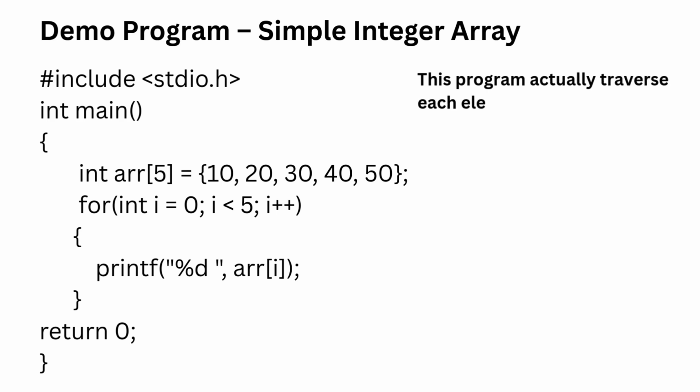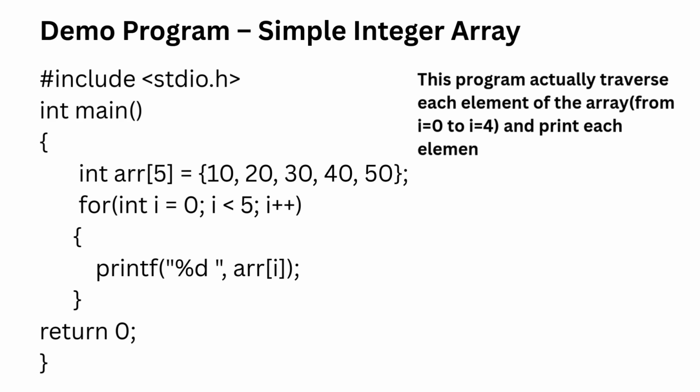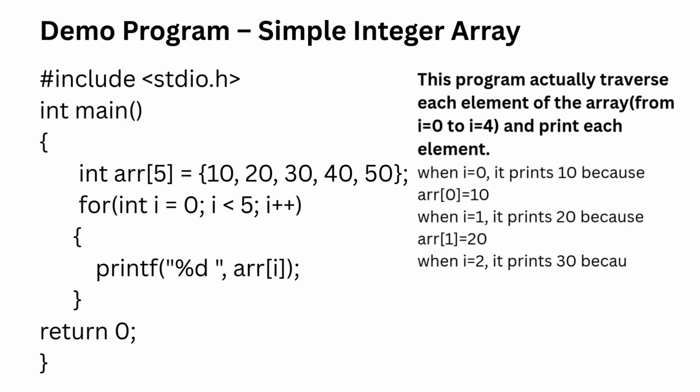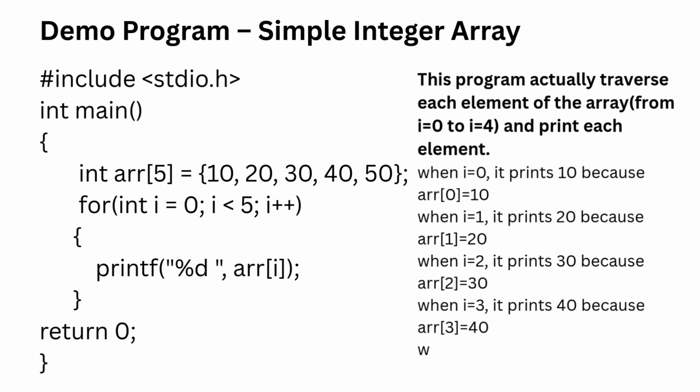This program traverses each element of the array and prints each element. So when i equal to 0, it prints 10 because arr[0] is equal to 10. When i equal to 1, it prints 20 because arr[1] equals 20. As well as when i equal to 4, it prints 50 because arr[4] is equal to 50.